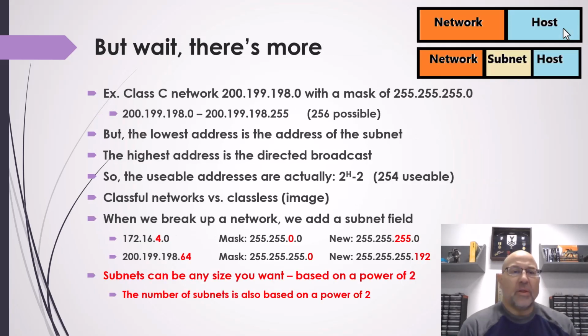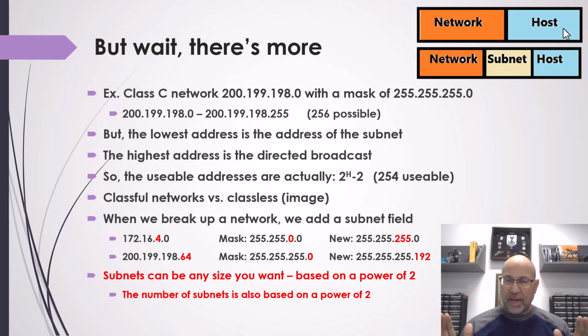But wait, there's more. What if we decided that that was too big? What if we wanted to chop this up into subnets? So what I just told you about the mask is, if you look above me here, we divide up the network address or an IP address into the network specific portion and the host specific portion. And that's it.